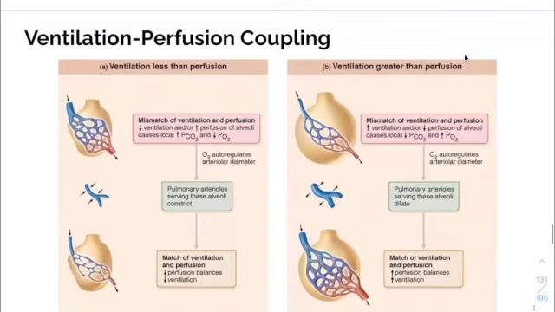So here are pictures that show what is happening if ventilation is less than perfusion and if ventilation is greater than perfusion. You can see how these capillaries actually start to dilate, while here they start to constrict.